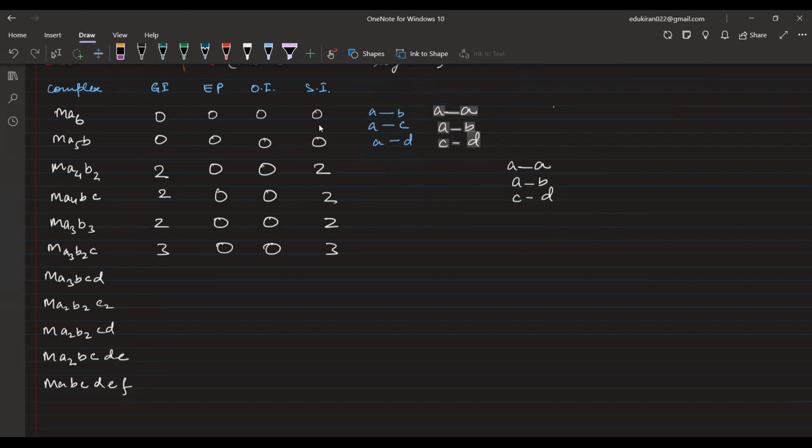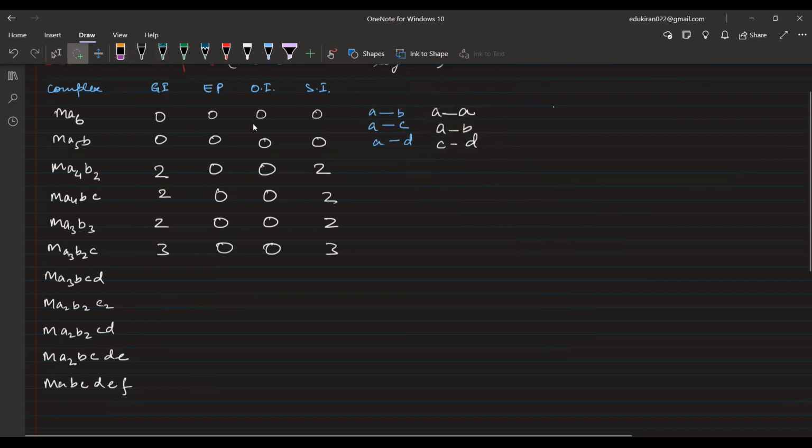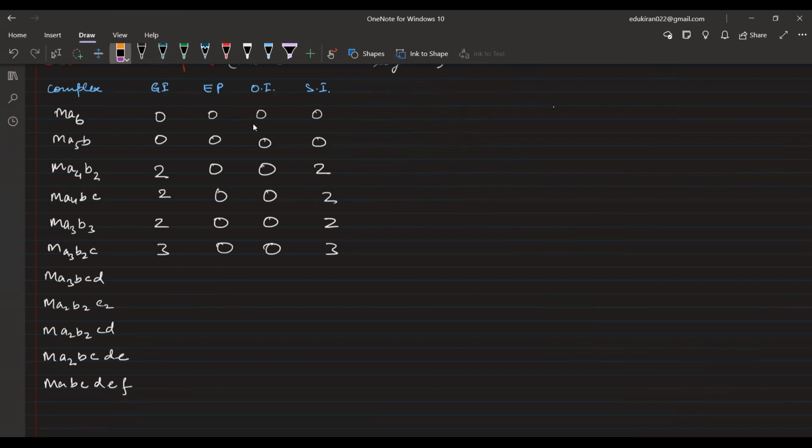Okay, what is trans to what? First of all, how to do this? First of all, please see. When you are going to have MA3BCD, in that case, the first structure that you can make is all cis. That is, no same ligands are present at 180 degree. That means you'll have AB, AC, and AD.